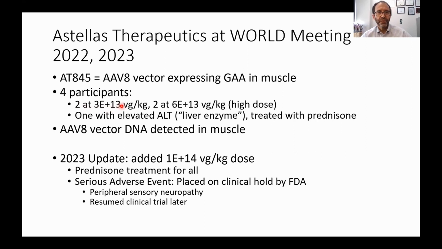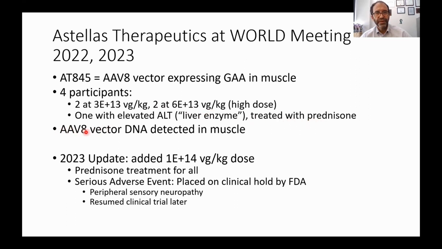It's actually about 20-fold higher than the dose I talked about in the liver-based study, the one that we published, but it's higher dose to get to muscle. And then 2 at a 2-fold increased dose compared with the starting dose. And in that initial abstract, they mentioned 1 patient having an elevated liver enzyme, ALT, that signified T-cell response, and that was treated with prednisone and suppressed.